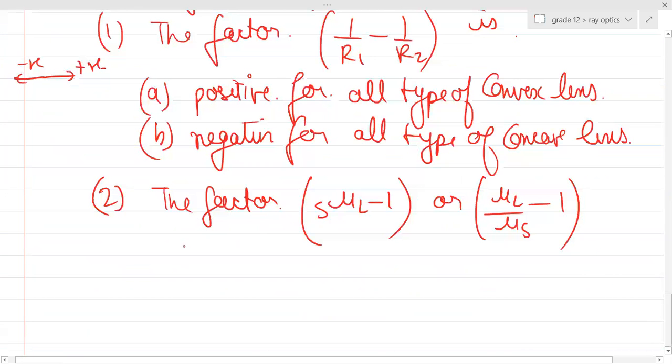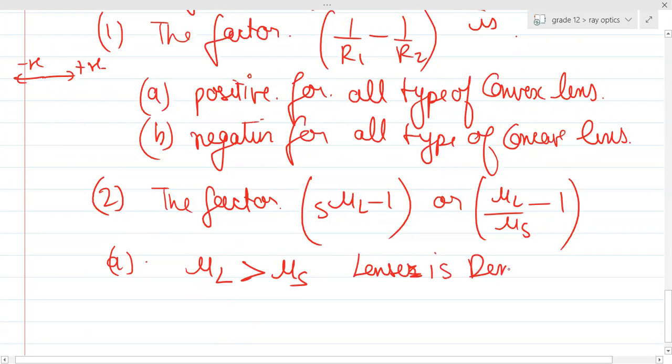Okay. So now, first, if the refractive index of the lens is greater than the refractive index of the surrounding, basically the lens is denser than the surrounding, then what will happen? Guys, if the lens is denser than the surrounding, then what will happen?